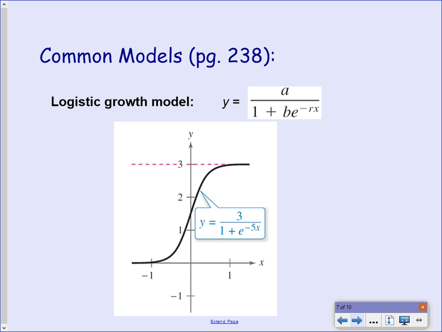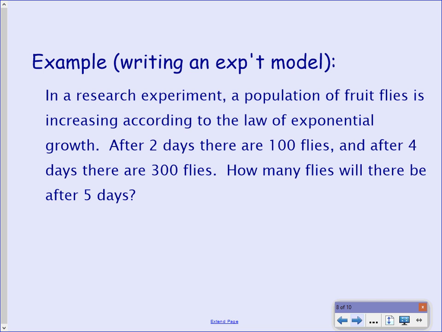The only thing you're going to have to do with the logistic growth model is work with an equation that's given to you. You're not going to have to write logistic growth models, you just have to be able to work with them. Okay, let's look at our first example. Here we're going to write an exponential growth or decay model. In a research experiment, a population of fruit flies is increasing according to the law of exponential growth.